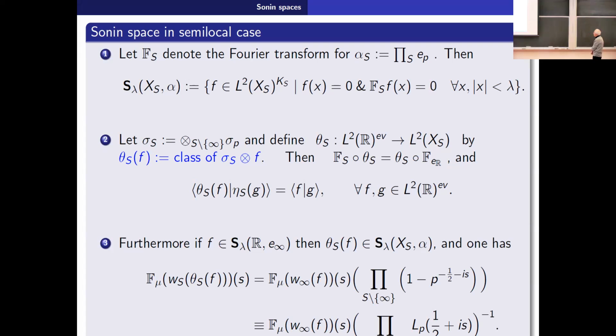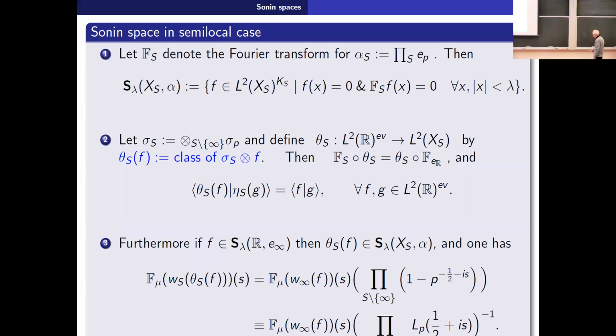And now I have to show some more formulas. If F is in the Archimedean Sonin space, then theta S of F moves into the local Sonin space with the same parameter lambda. And you have this relation, which is telling you what happens with the Fourier transform composed with the isomorphism between adele class space and adele class space.